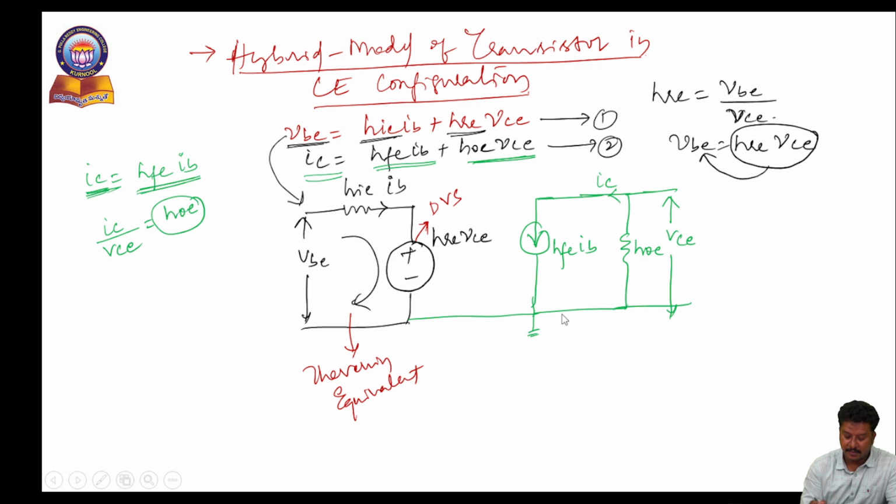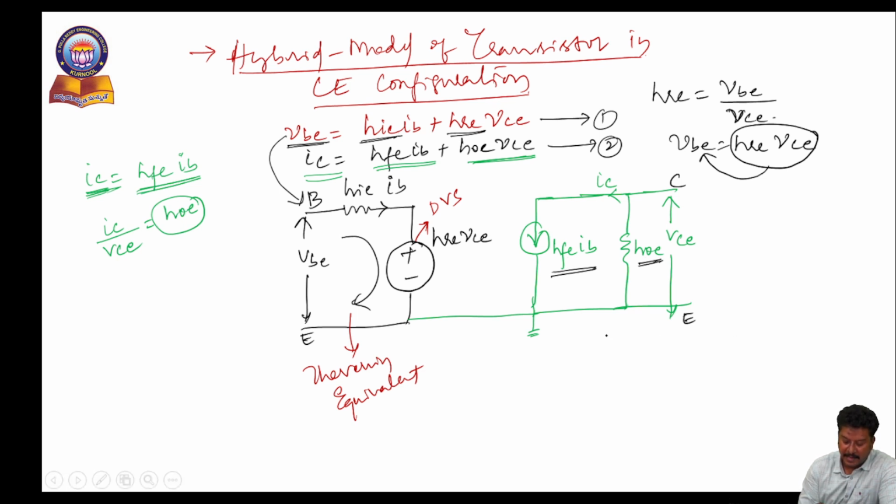This is grounded, and the input I am applying across the base, the output is taken across the collector, and the emitter is common. Now, if you carefully observe, the output side is nothing but one dependent current source and one resistance connected in parallel.